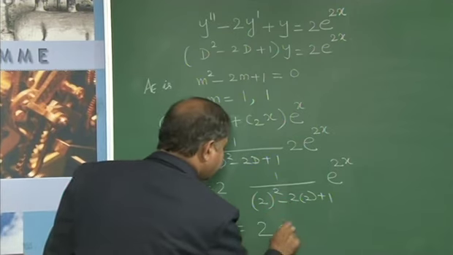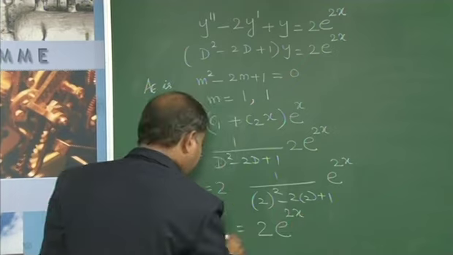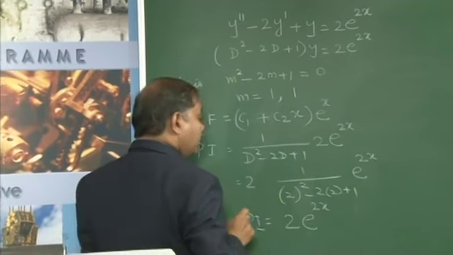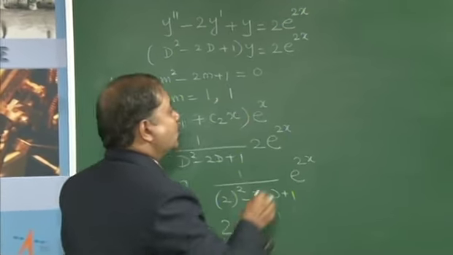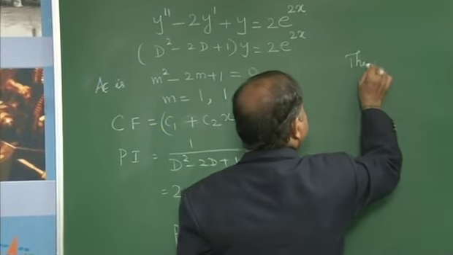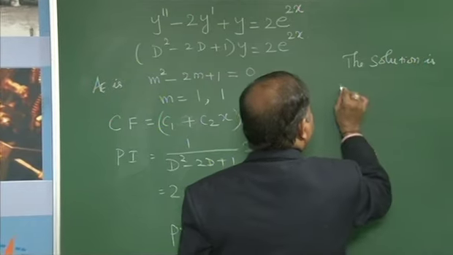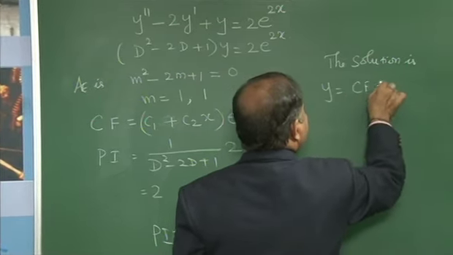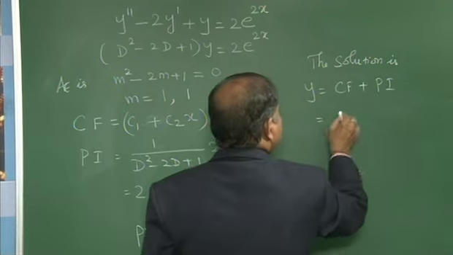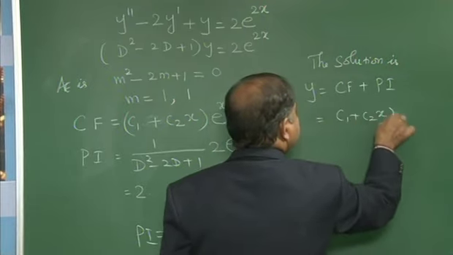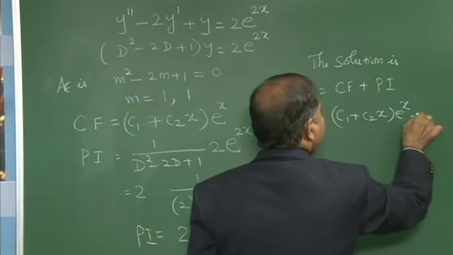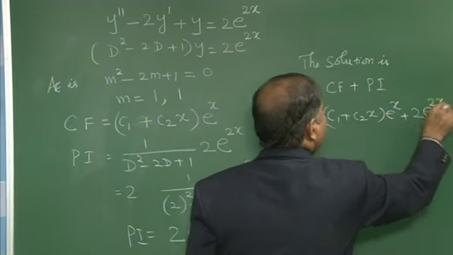So the PI is also 2e^(2x). So what is the solution? The solution is y = CF + PI, (C1 + C2x)e^x + 2e^(2x).